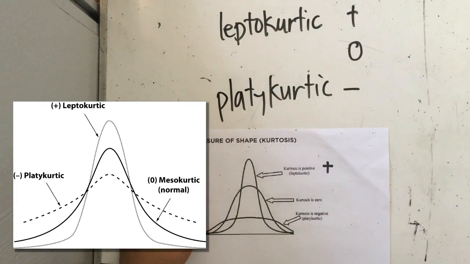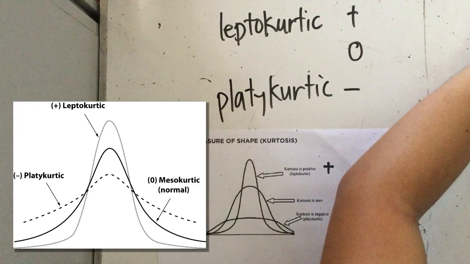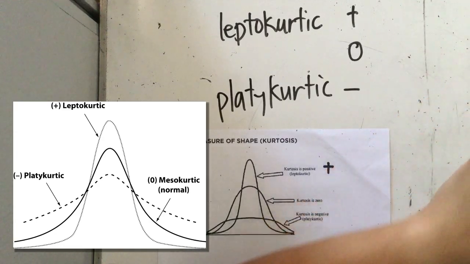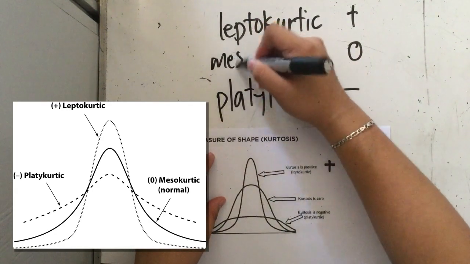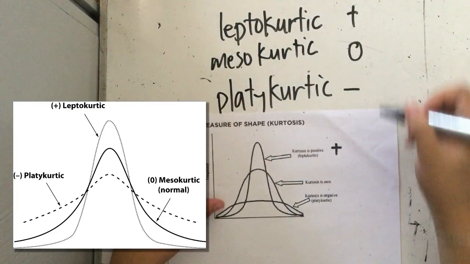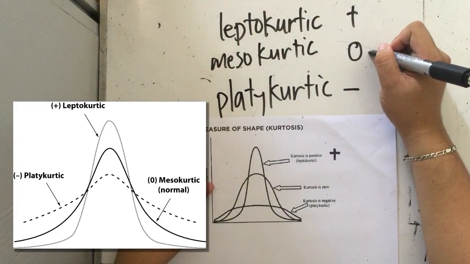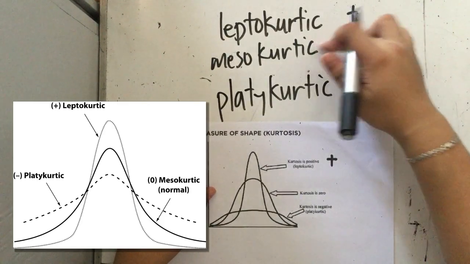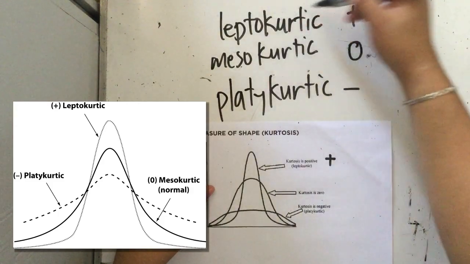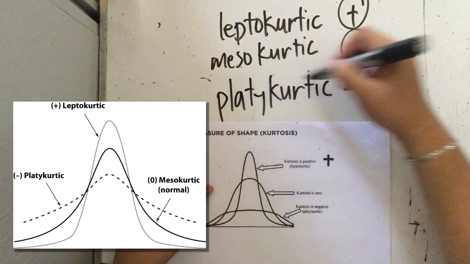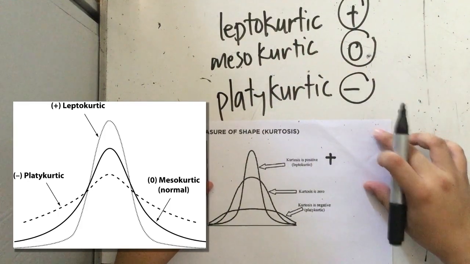I think kapag 0 ang tawag natin is, okay, mesokurtic. Pag 0 yung ating kurtosis or yung thickness, normal siya. So we have leptokurtic, positive; mesokurtic, 0 yung kurtosis; and platykurtic, negative yung ating kurtosis.